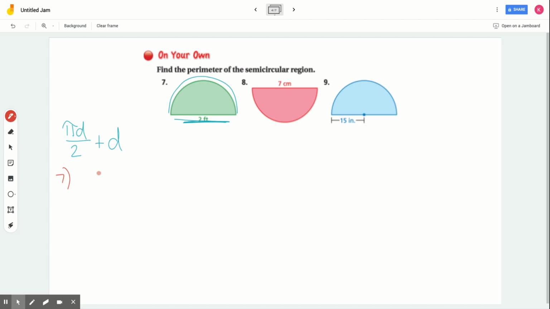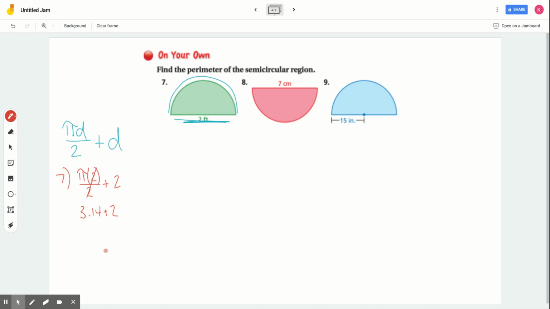So with number 7, we have pi times the diameter, which is 2, divided by 2, plus the diameter of 2. Well, we know that 2 divided by 2 cancels. So we have 3.14 plus 2.